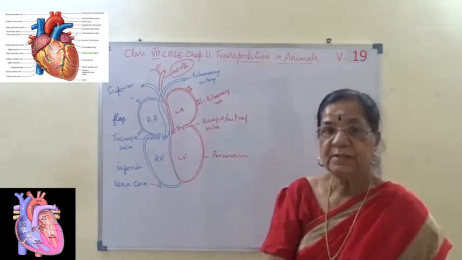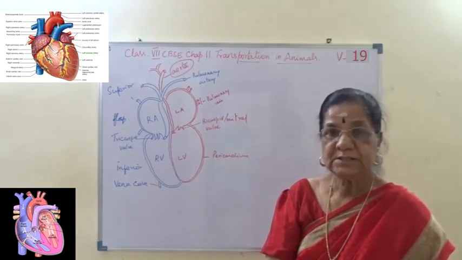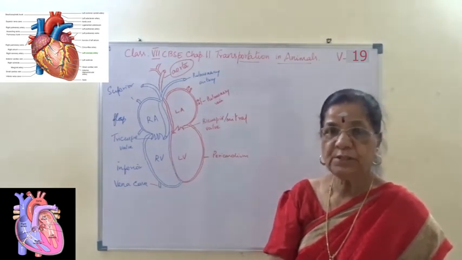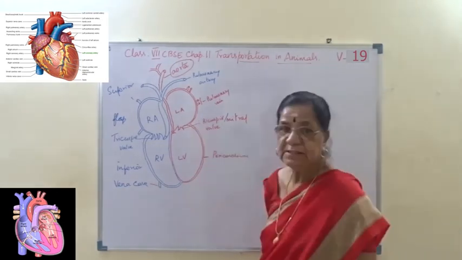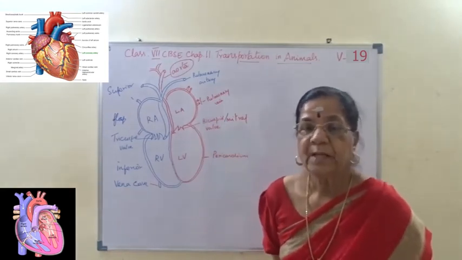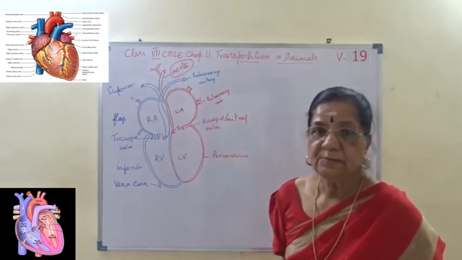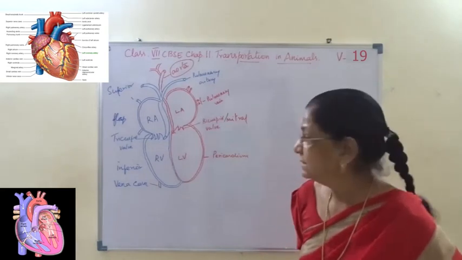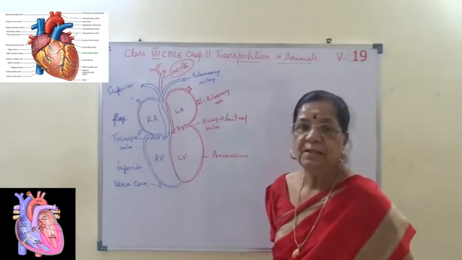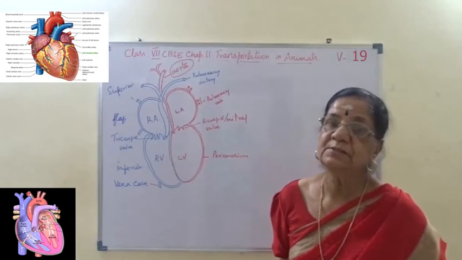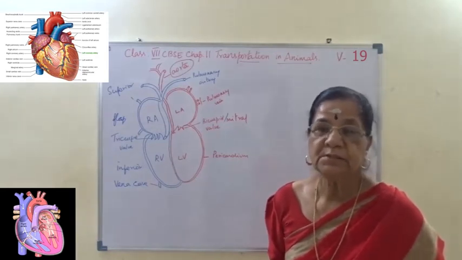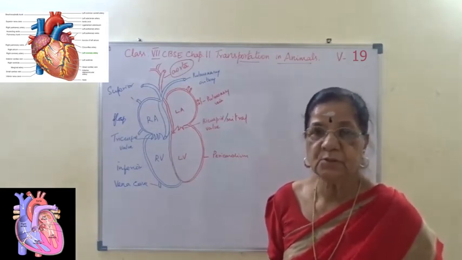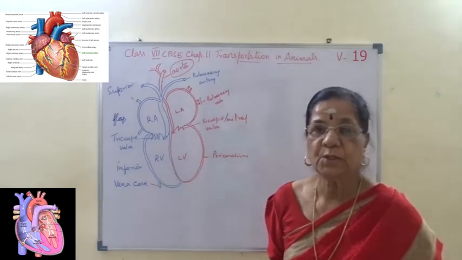Same way, oxygenated blood from the lungs reaches the left atrium through the pulmonary vein. From the left atrium it reaches the left ventricle, and then through the aorta it is distributed to various parts of the body.